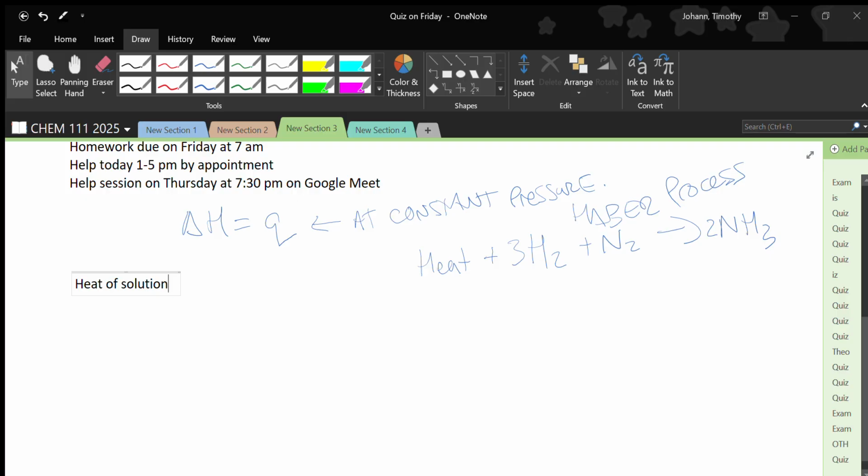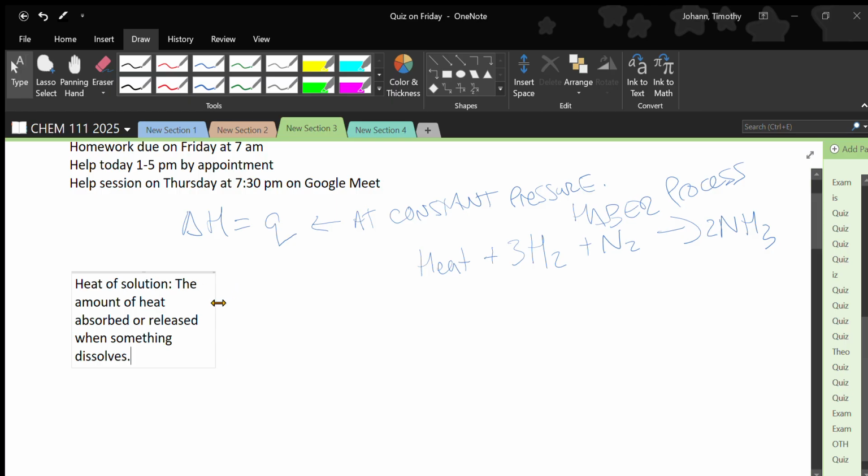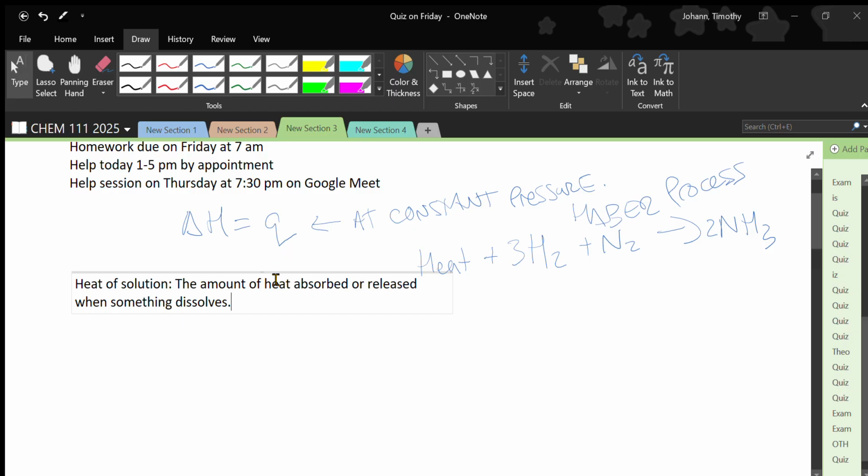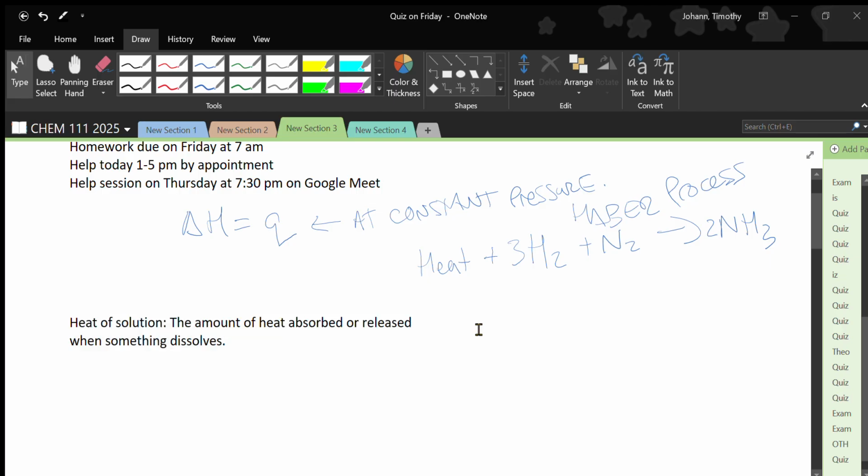So heat of solution is the amount of heat absorbed or released when something dissolves. So I've given you examples before on this. Another example would be, if you make up a basic solution, a solution of sodium hydroxide.